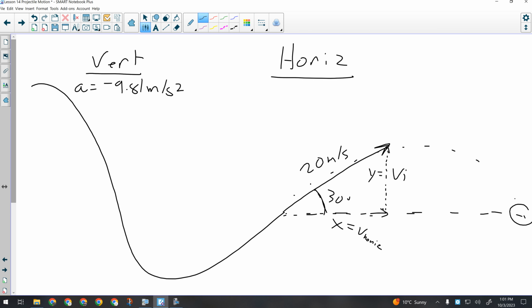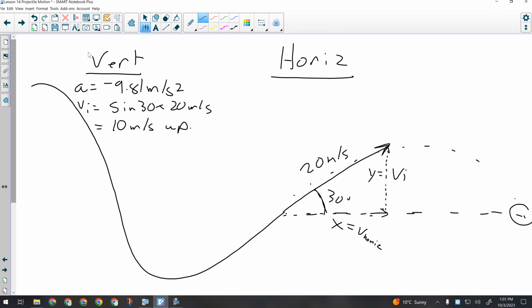Okay, so if I want to calculate VI vertical, it is the opposite side of this triangle, right? And I have the hypotenuse of this triangle. So I'm going to go sine of 30 times 20 meters per second, which is going to give me 10 meters per second up, or positive 10 meters per second.